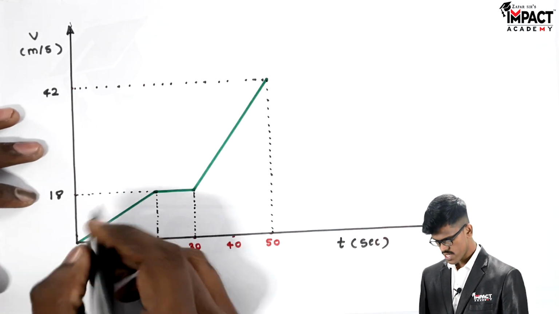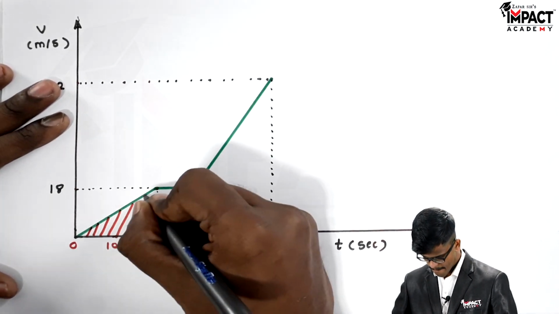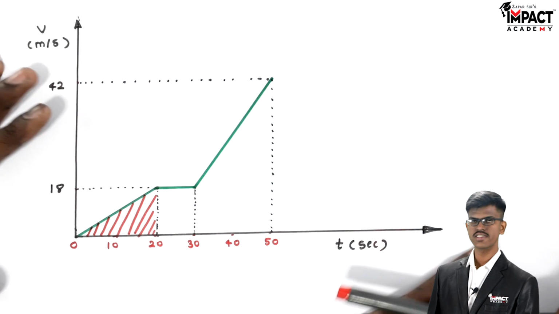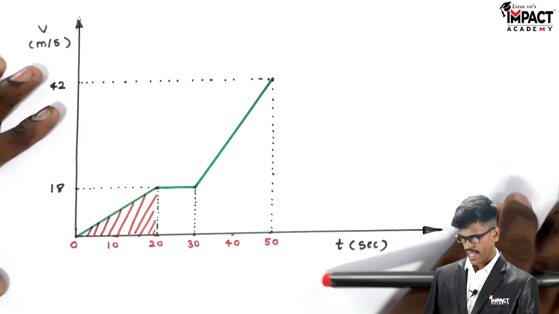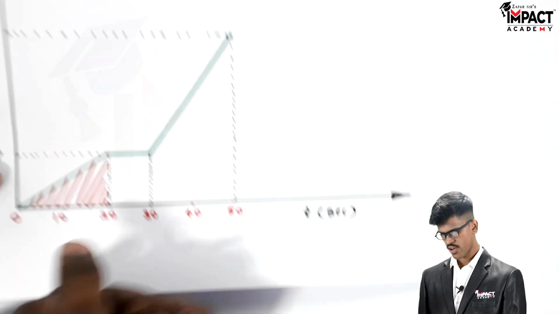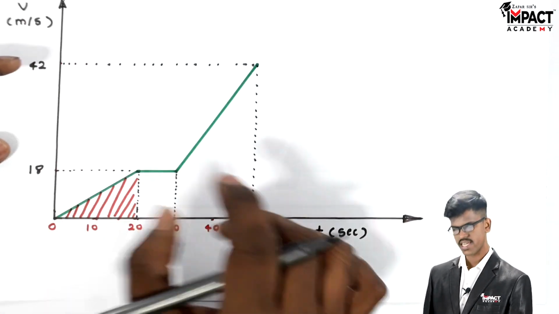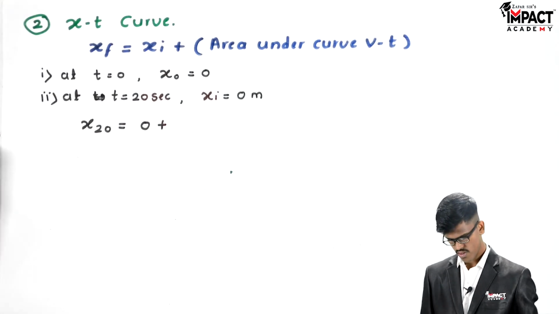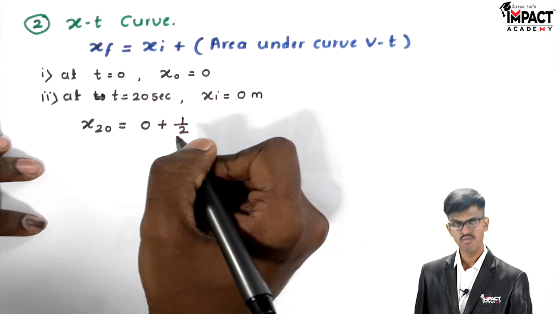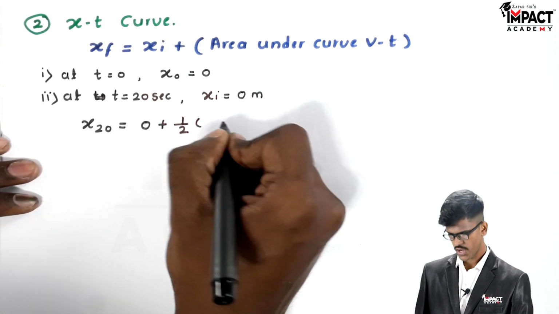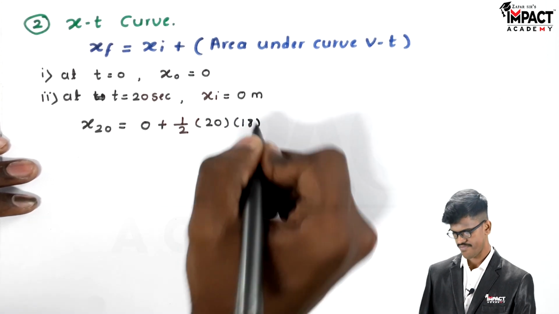So we have to consider this area. It is a triangle and the area of a triangle is half into base into height. The base is 20 and height is 18. So we get 1 by 2 into 20 into 18.